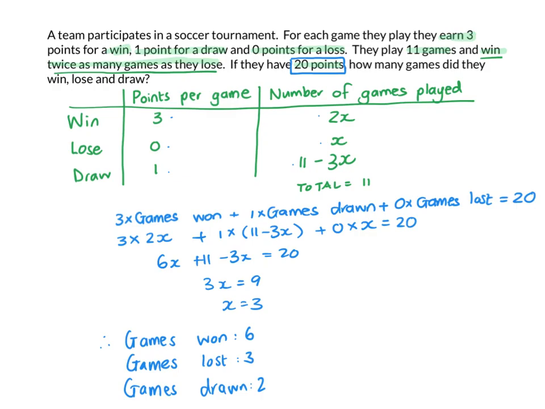So the strategy that I go with is I find it helpful to draw a table, and then what you need to remember is the number of games played must be multiplied by the points per game for each category. This strategy would be useful for anything that is a similar structure.